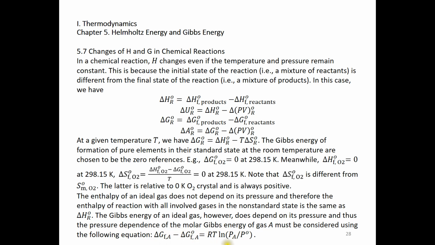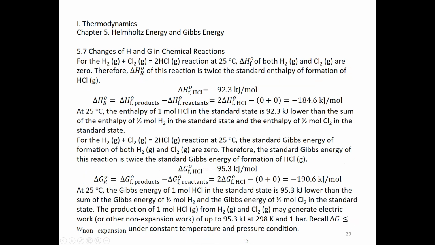We get nRT times the natural logarithm of P. And now these two are molar Gibbs energy, therefore we remove this n here, and it becomes RT times the natural logarithm of pressure. And if the pressure changes from P naught to this P sub A, the Gibbs energy changes by this much.